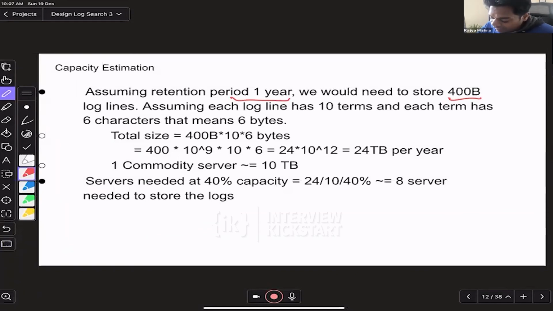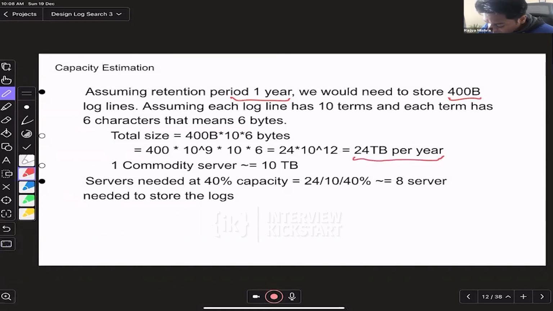Then we can assume that each log line has 10 terms, 10 words, and each word has 6 characters. That will give us 24 terabytes per year.